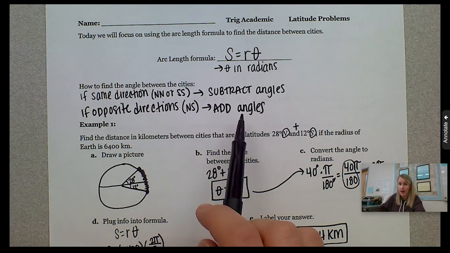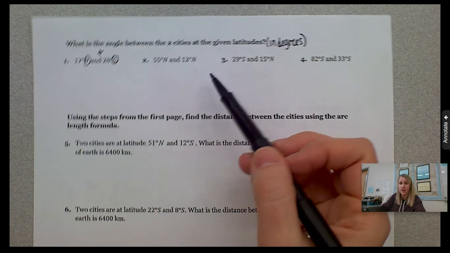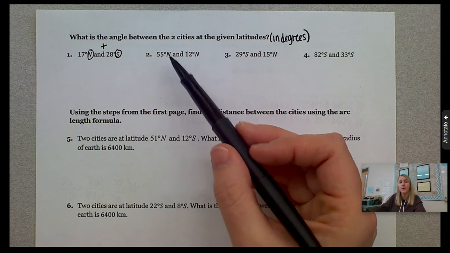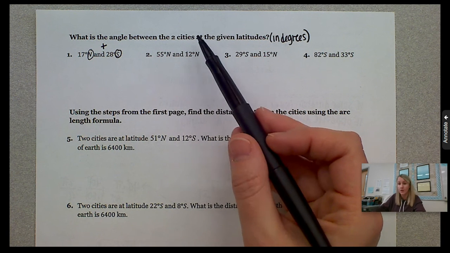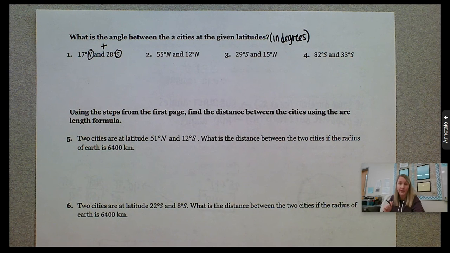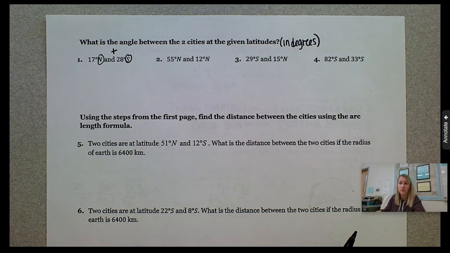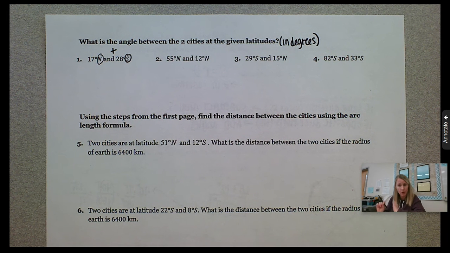Opposite directions, you add. Same directions, you subtract. So right now, look at your other ones and ask: are they the same or opposite? Should I add or subtract? And then actually add or subtract them. I'll give you a minute or two to find the 4 angles, just to make sure you're good with that new step. Then we'll try one more problem just to see that you're okay.